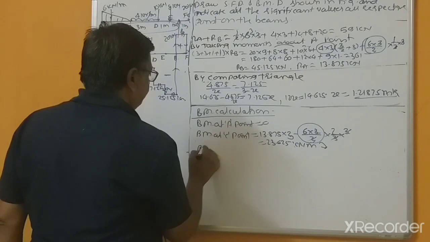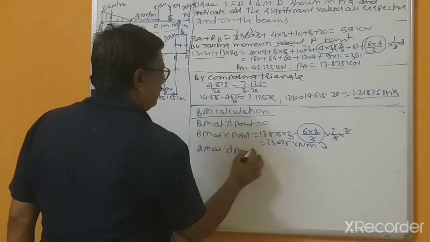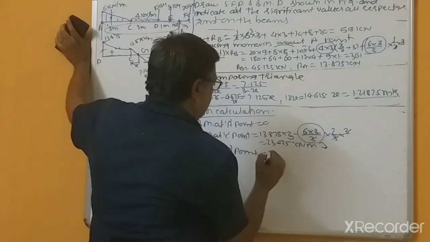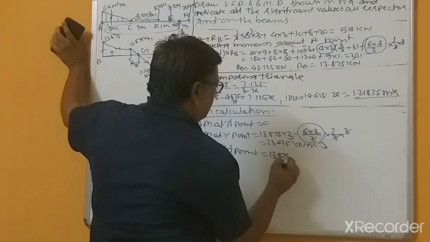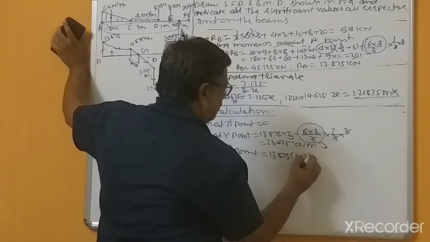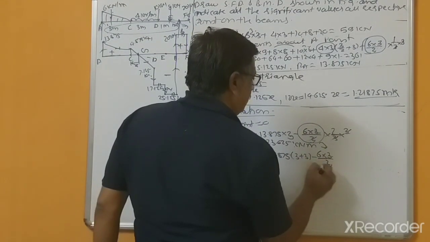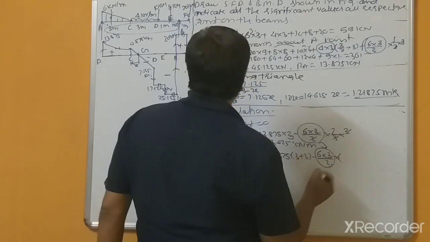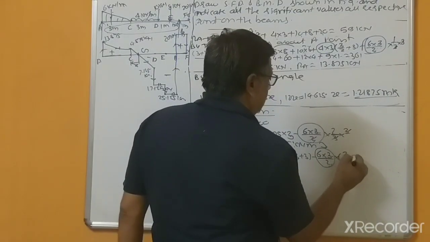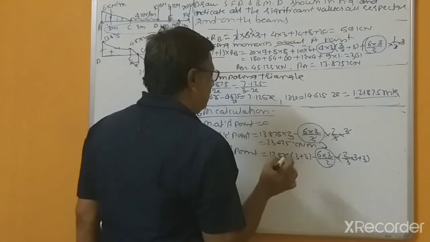Bending moment at D point equal to, now this distance increases. 13.875 multiplied by 3 plus 3, minus 6 into 3 divided by 2. This is shear force. Distance 2/3 of 3 meter plus 3, and there are no other loads.